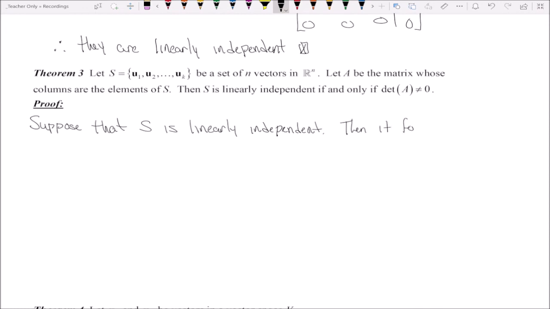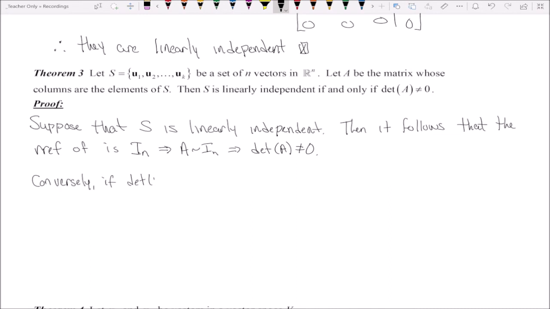Then it follows that the row-reduced echelon form of A is In, which means that A is row equivalent to In, which, if you recall, means that the determinant of A is non-zero.